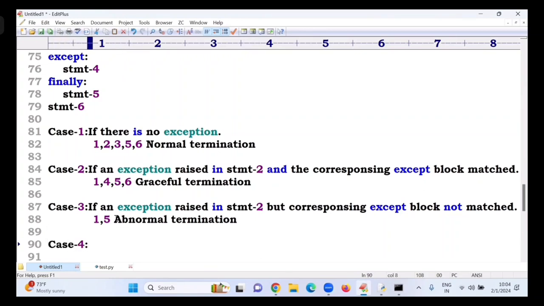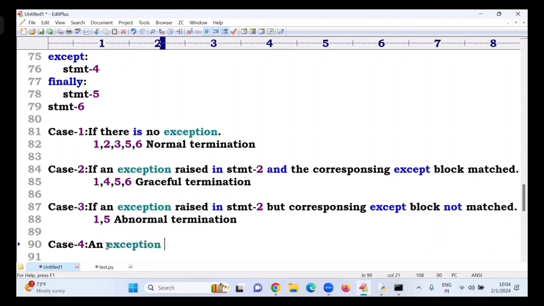Fourth one. Someone is asking, if any exception is raised at 5 or 6? There is no alternative. It should always be abnormal termination. No one can handle that.